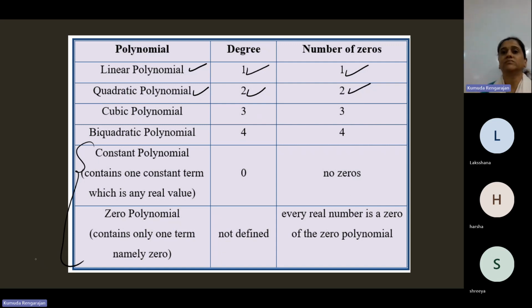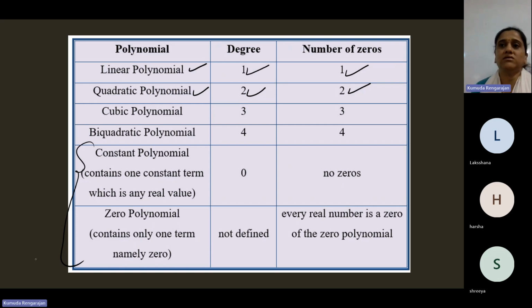The rest of them, the rational and irrational numbers, are constant polynomials. That includes positive numbers, negative numbers, fractions, decimals, like square root of 2 by 3, irrational numbers, everything. Any number you can write other than 0 is a constant polynomial.